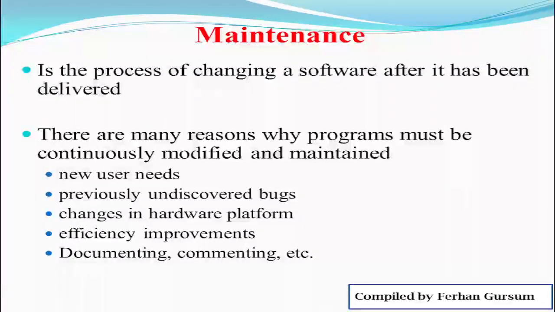The first reason is new user needs. Second, previously undiscovered bugs, or also changes in the hardware platform. It may also be caused by efficiency improvements and documentation. There are a lot of things that may be a reason for maintenance.